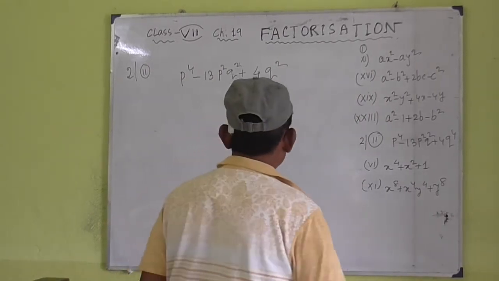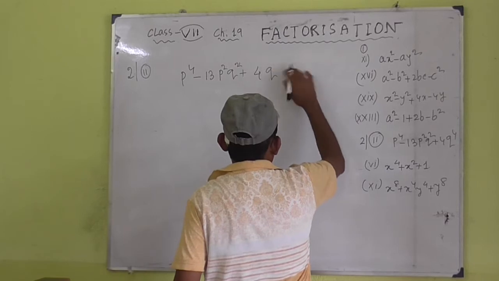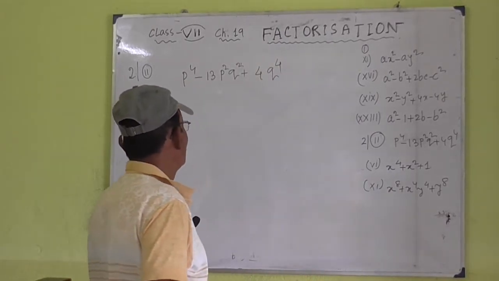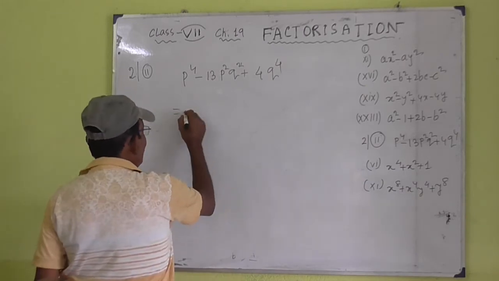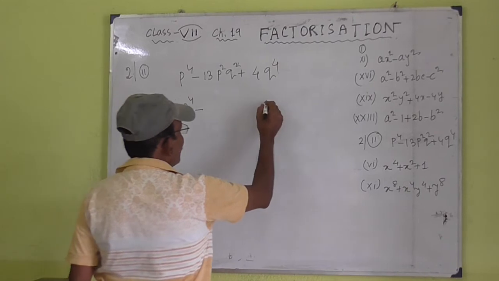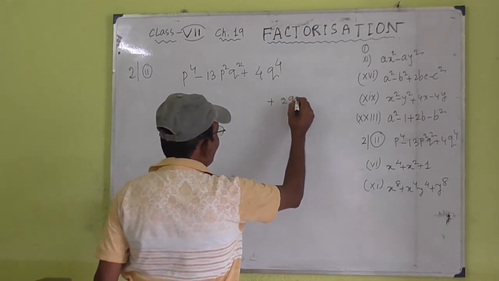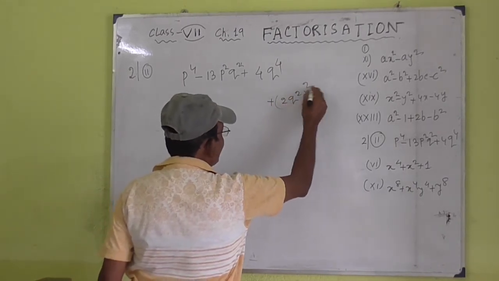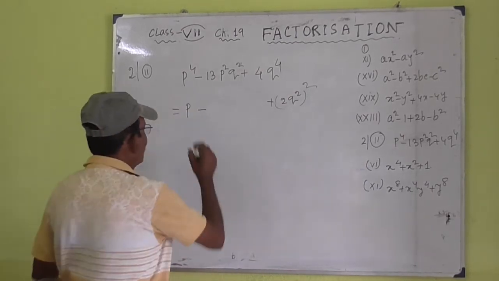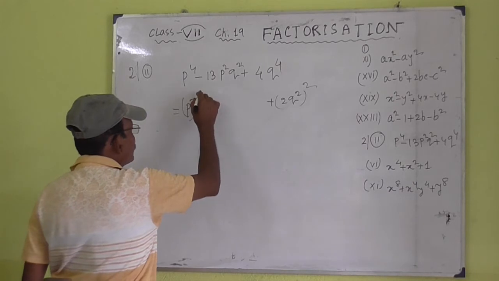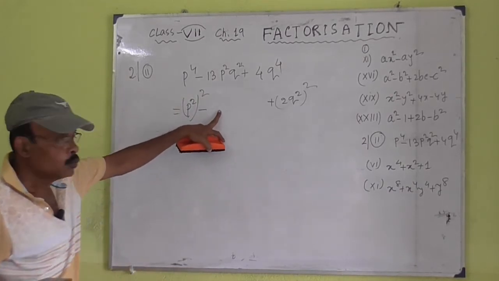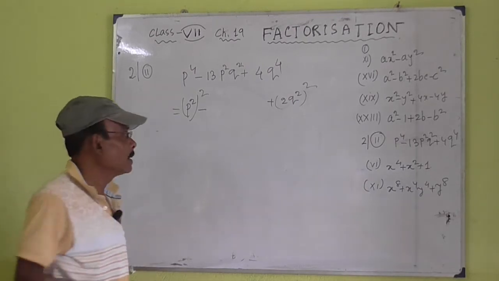Here I am writing wrong, it is q to the power 4. So if we write this way, here we must put the portion 2ab.